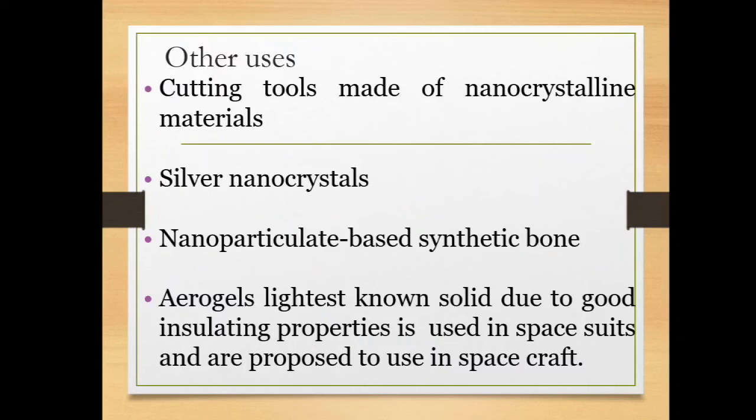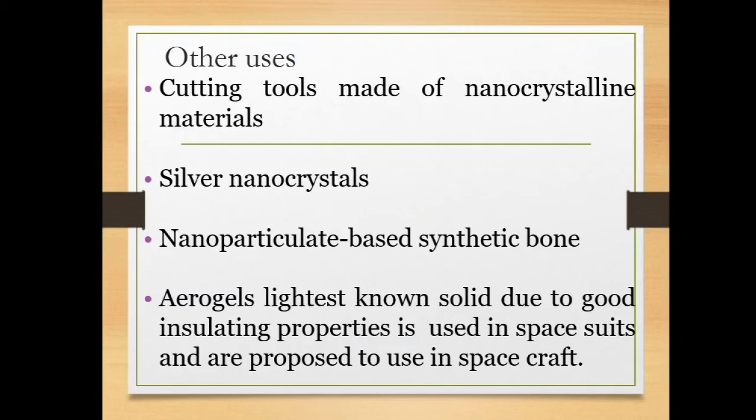Then we have the silver nanocrystals, which have been embedded in bandages to kill bacteria and prevent infection. Then we have the nanoparticulate-based synthetic bone formed by manipulating calcium and phosphate at the molecular level.